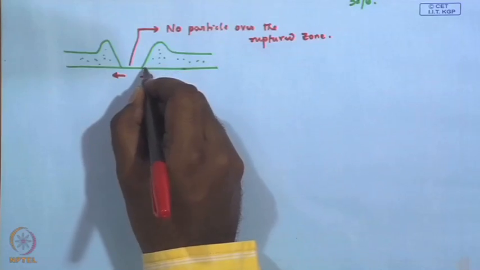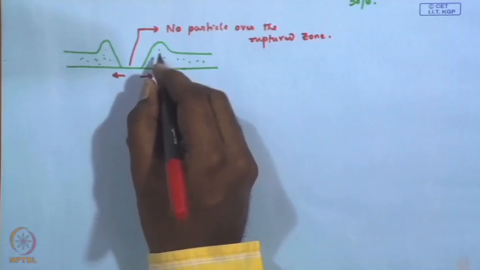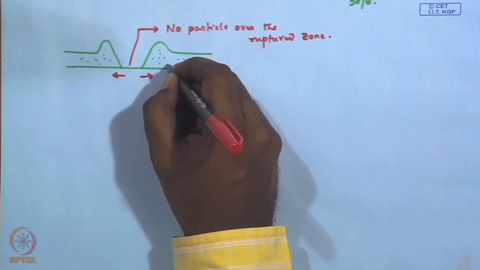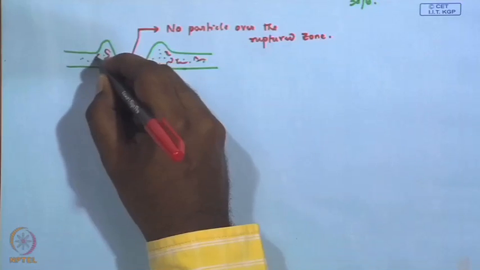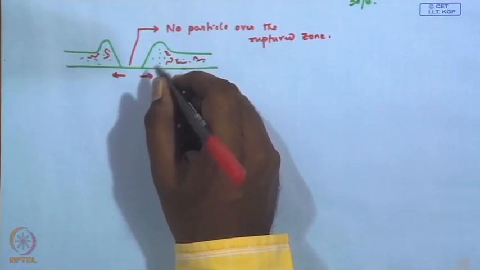So, effectively there is a component of bulk velocity over here, and then what you have here is these particles which are embedded in a matrix of these long chain polymers. So, these smaller particles have much faster rate of diffusion as compared to the bulky polymer molecules.